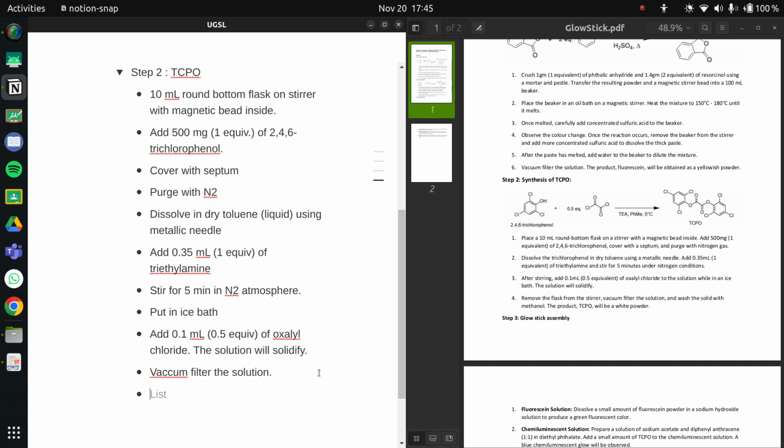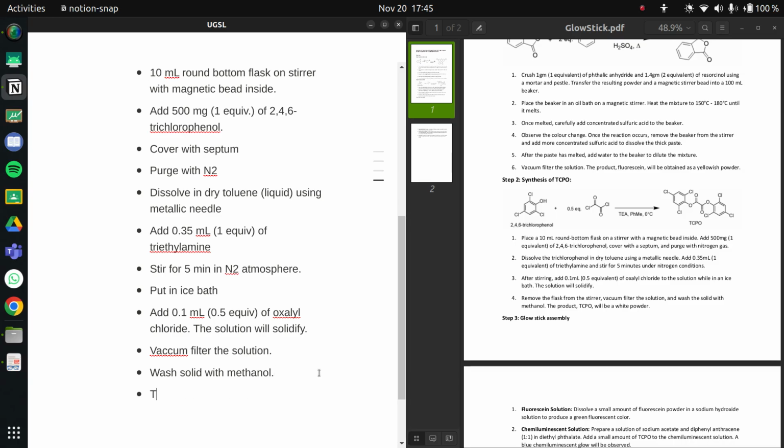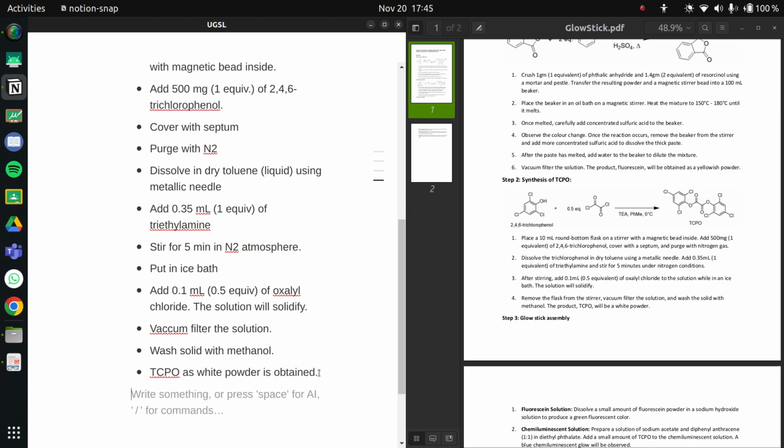Wash the solid with methanol. Sure. Amazing.